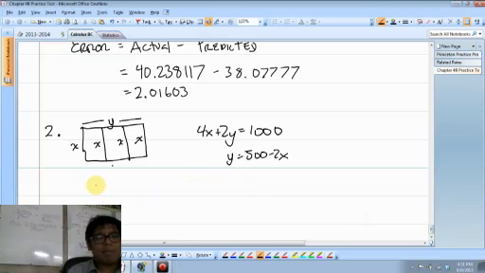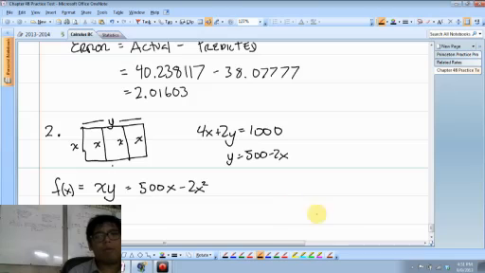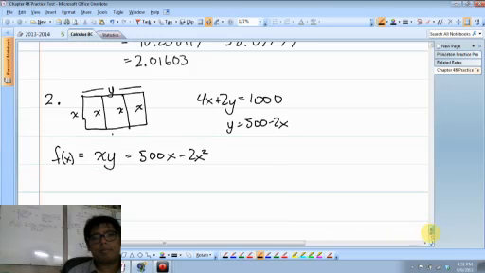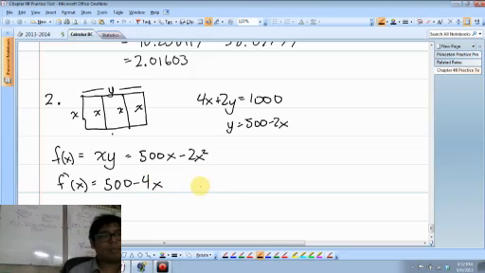We want to maximize the area, so xy is going to be my f. And that's going to be the same thing as 500x minus 2x squared. We want to maximize, so we need a derivative. F prime of x equals 500 minus 4x. Give me a critical number of x equals 125.